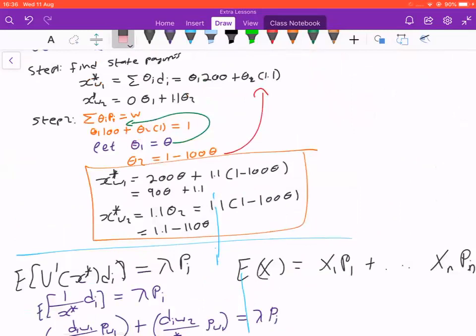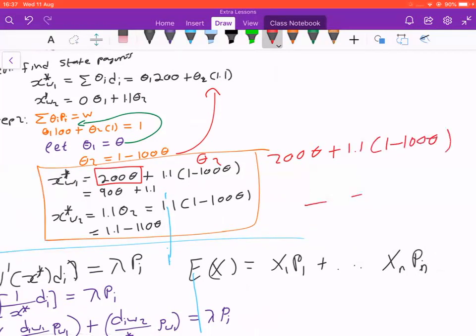So we know that this thing is going to be 200 theta 1 and then 1.1 times theta 2, right? And then we say that theta 1 is just going to be theta, and then we're just going to write 200 theta, and then theta 2 was going to be 1.1 times 1 minus 100 theta, right?